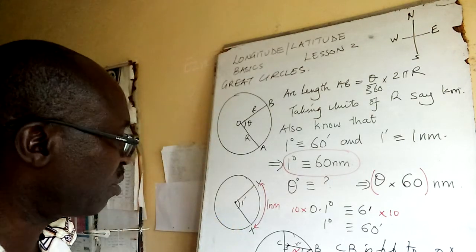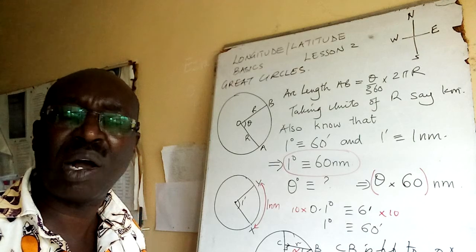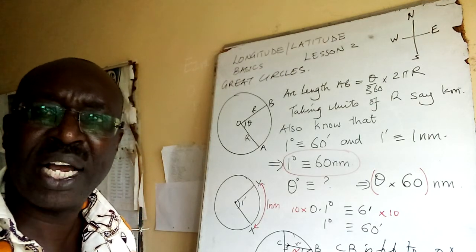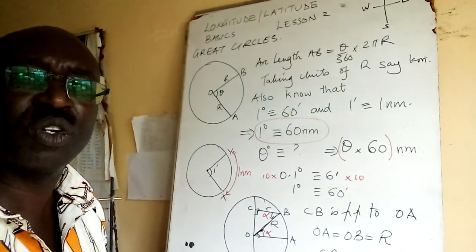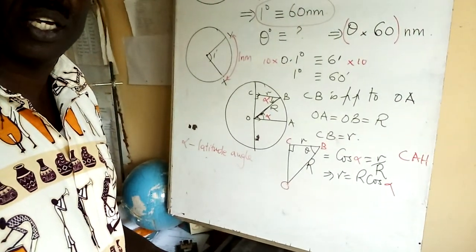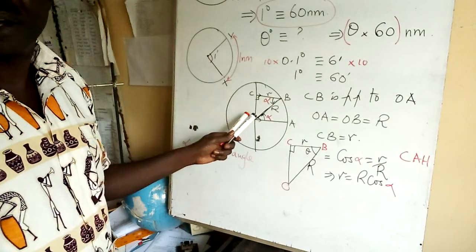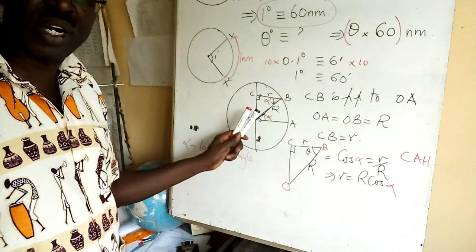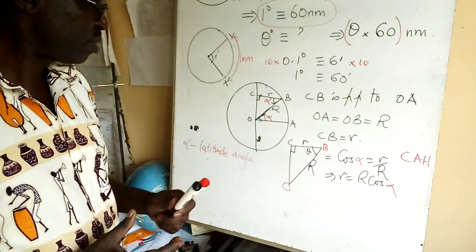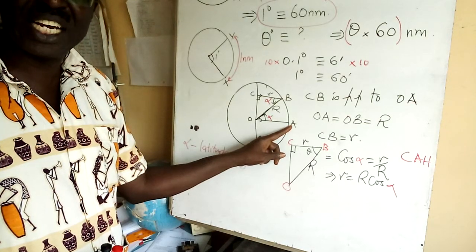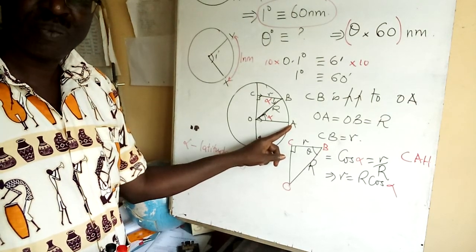So let us focus down a bit. I talk about small circle. But before I get into that, we have to get the relationship right. Maybe I focus up to there. Here. If this is our globe or a circle representing the earth, I have OA representing the radius at the equator.